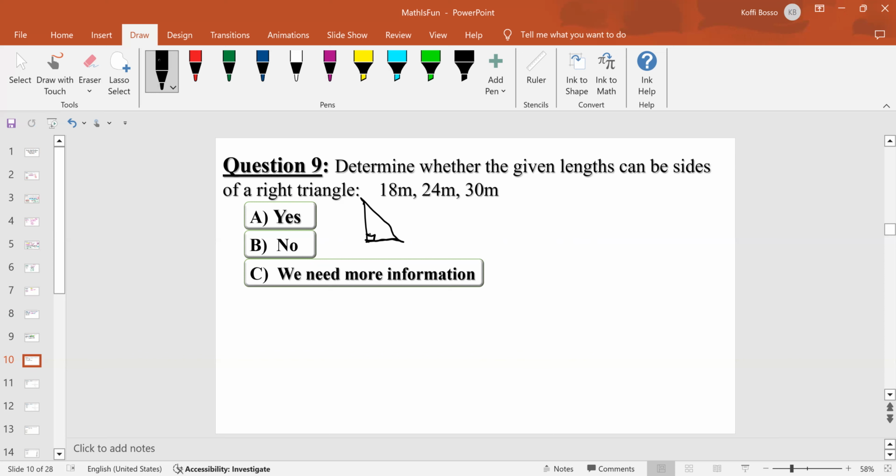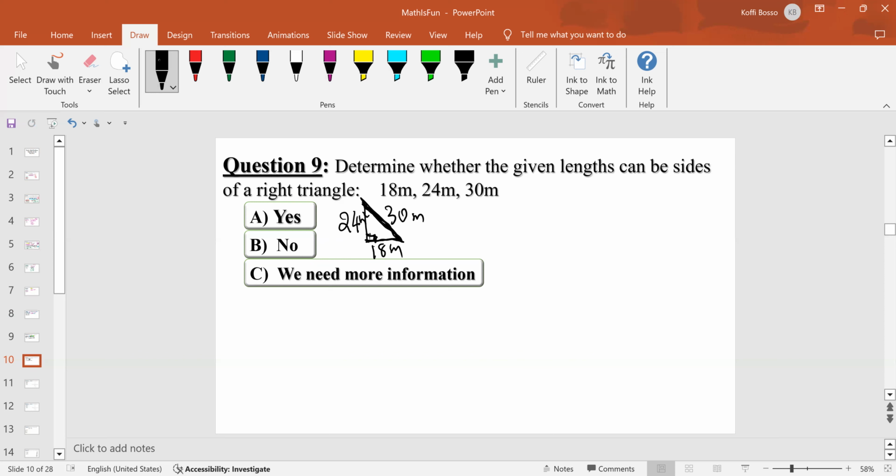The hypotenuse is the longest side, always the side facing the right angle. So that hypotenuse will be the 30 meters. The small side here will be 18 meters, and this will be 24 meters.